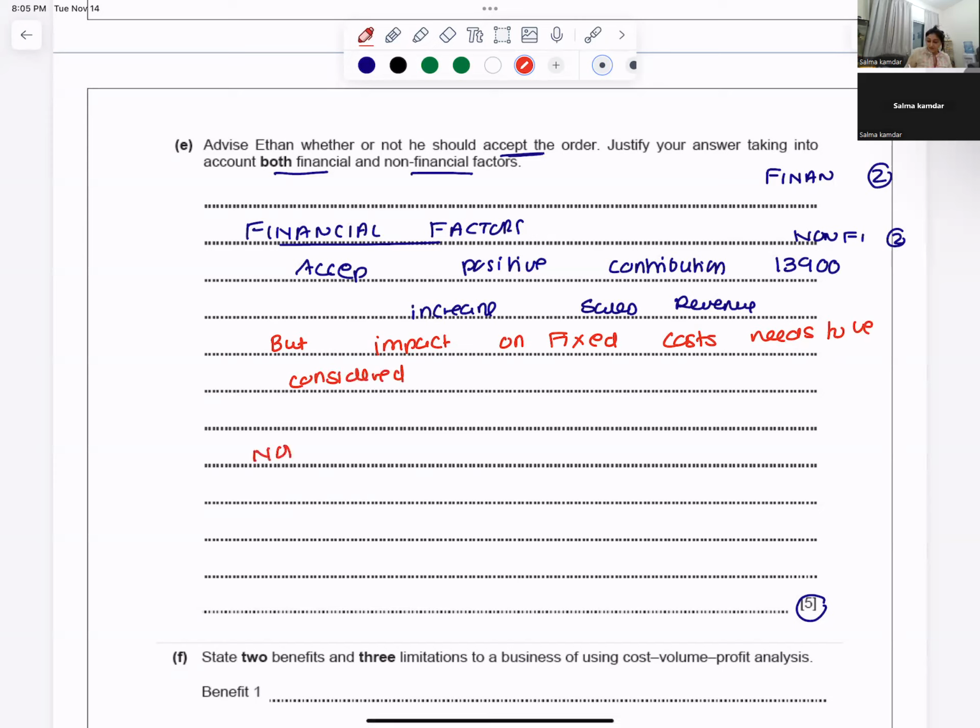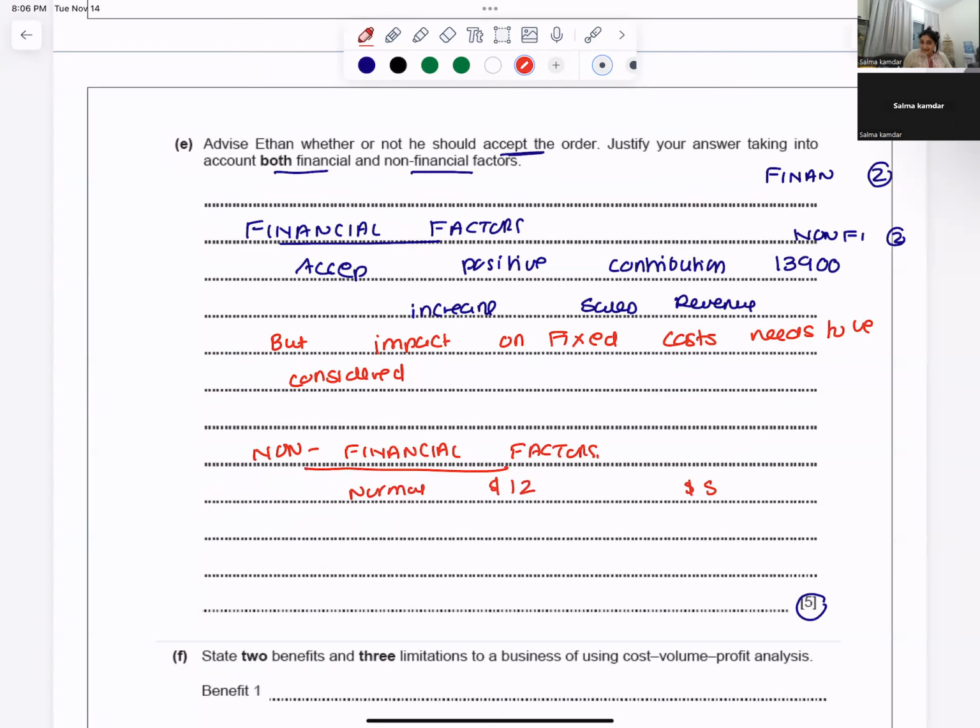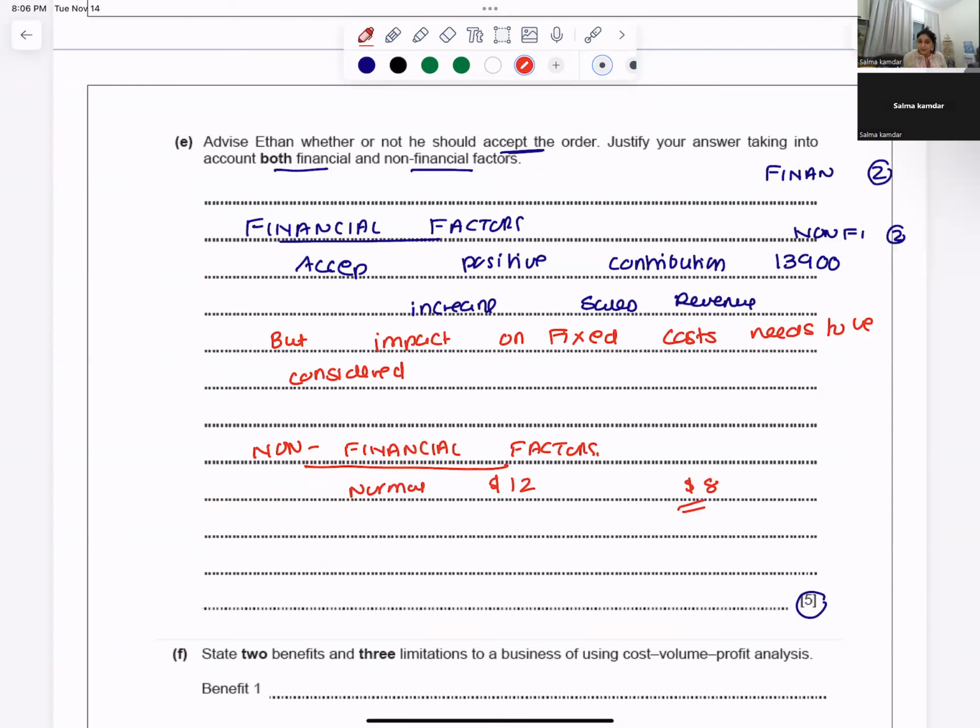Now, if I see the non-financial factors, my normal selling price is how much? My normal selling price is $12, but I am selling it for $8. That means if my existing customers come to know that I am selling at a lower price, the existing customers will get demotivated. The temporary laborers are going to be paid at a higher rate than our normal laborers.